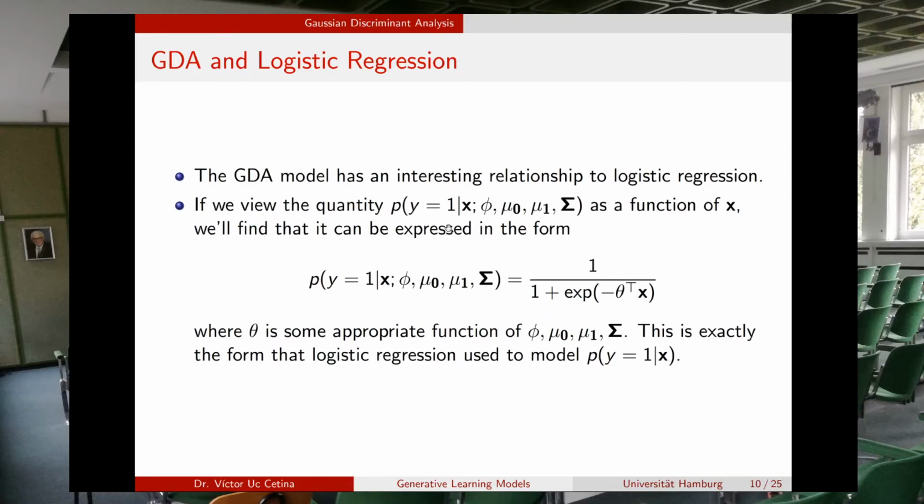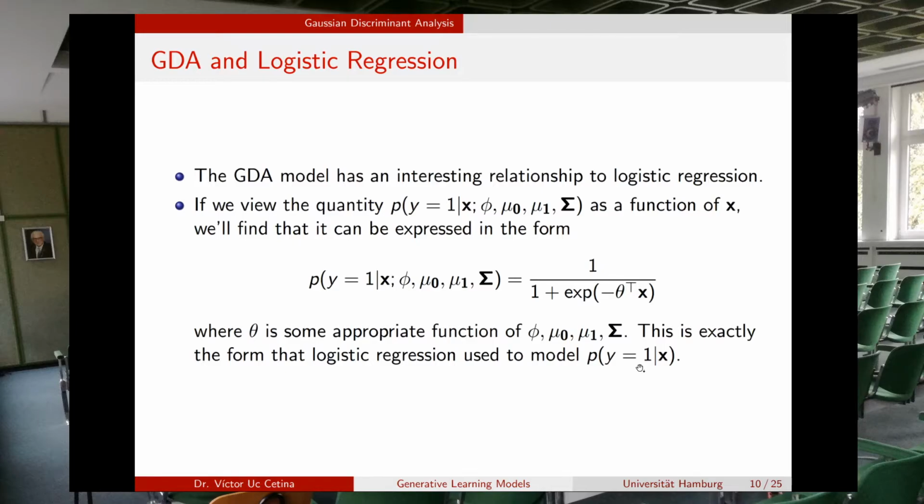If we view the quantity probability of y equals 1 given some input vector x and these 4 parameters as a function of x, we'll find that it can be expressed in this form: 1 over 1 plus the exponential of the negative of the dot product of theta and x, where theta is some appropriate function of the parameters that we specified here. And this is exactly the form that logistic regression uses to model the probability of y equals 1 given x.